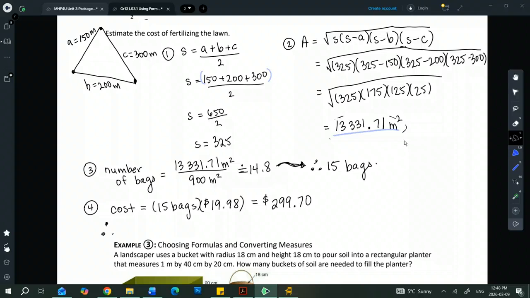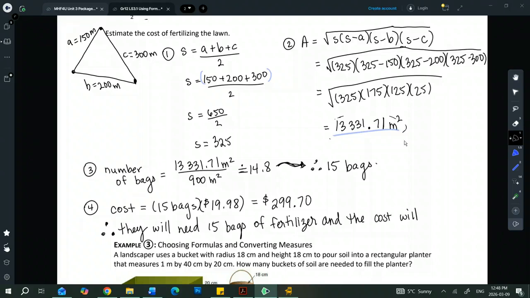And give me a therefore. Perfect. Good. All right, last one.